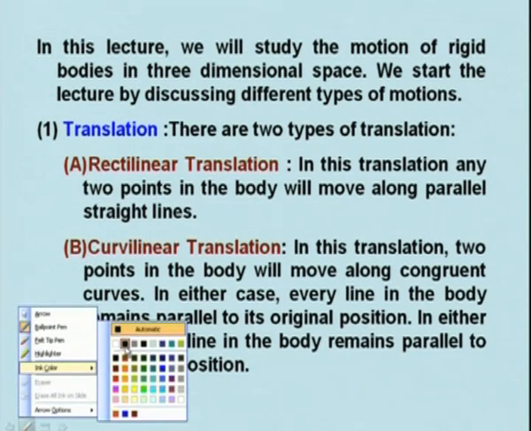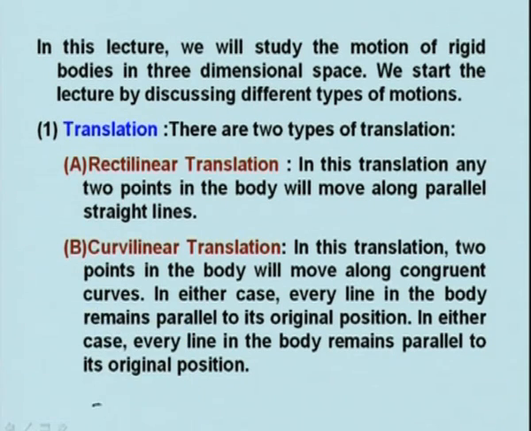Suppose this is a point, it is moving, and similarly a parallel type of curve is there on which the other point is also moving. In either case, that means in both rectilinear and curvilinear translation, every line in the body remains parallel to its original position. So that is the point.